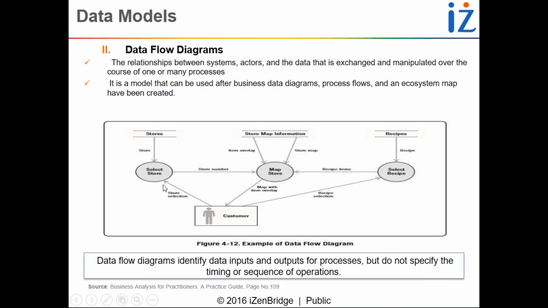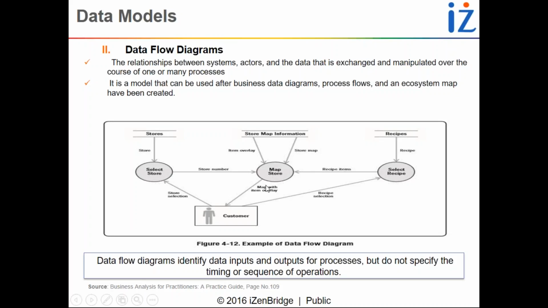When the customer is selecting a store, the database, this is the symbol of a database, the store database gives the information of the store. Then this store number goes to the mapping of the stored geospatial data, and the store map information is delivered to this process. And then select recipe gives the selected recipe items to this mapping of data.